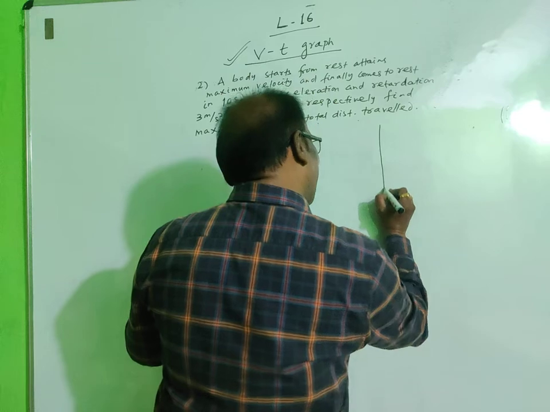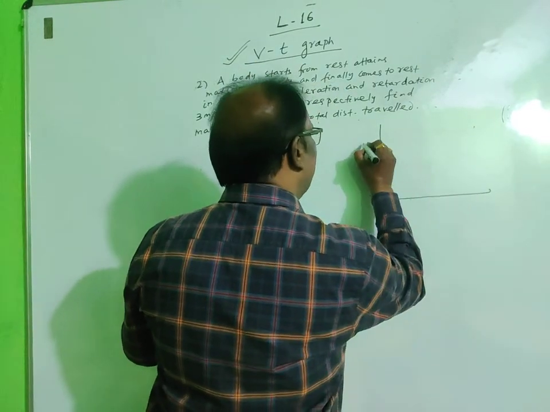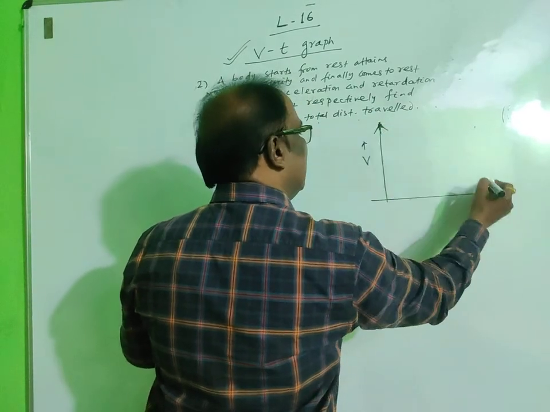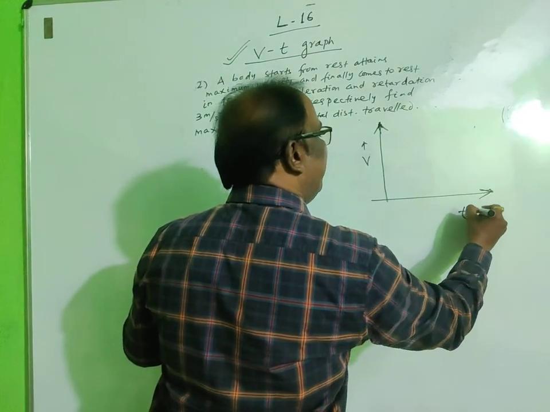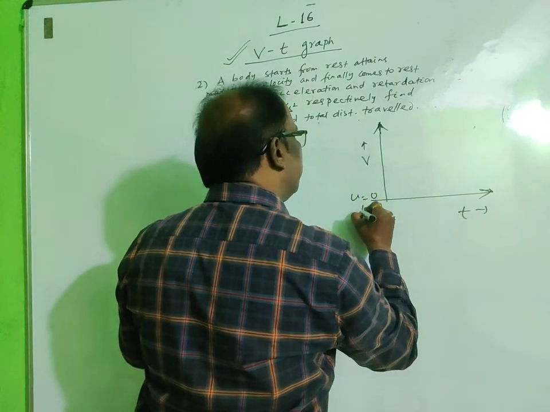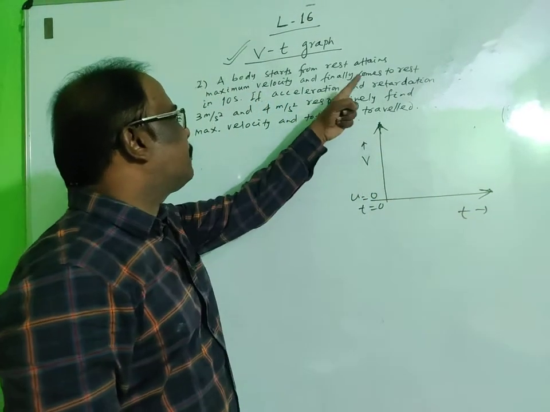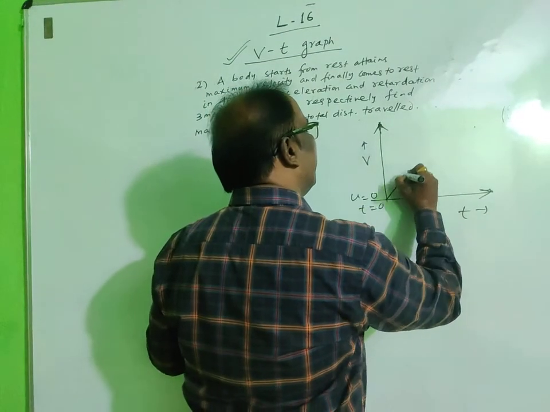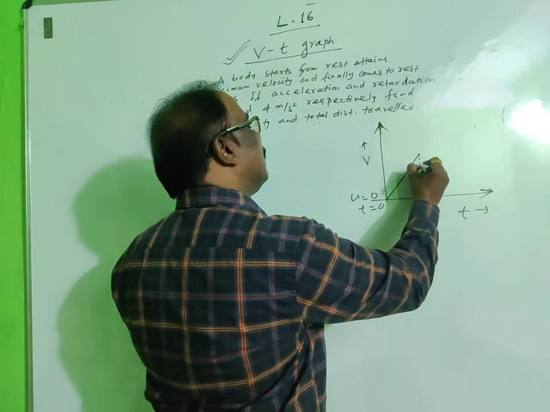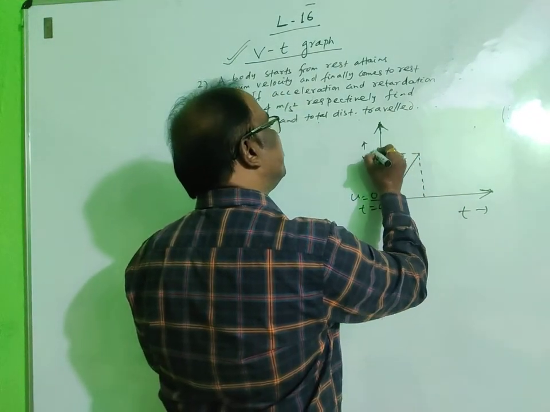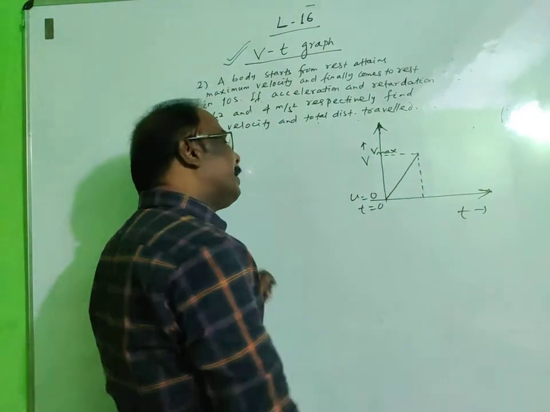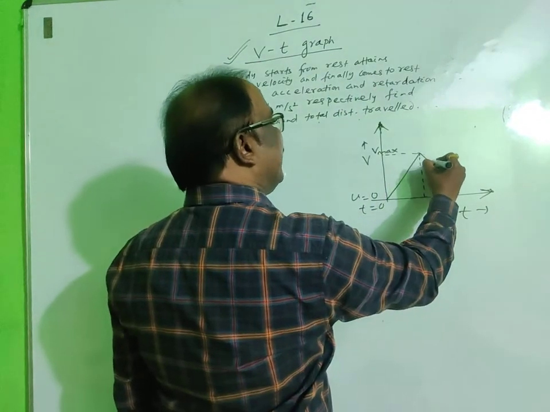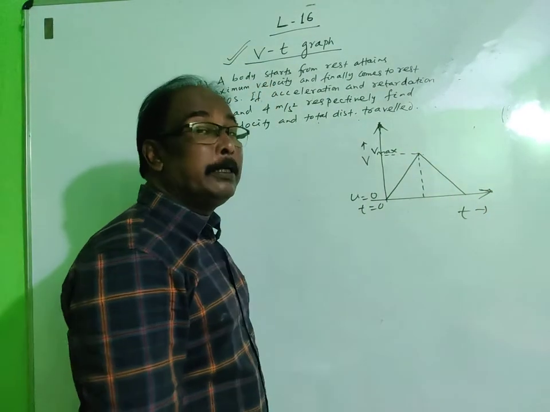Along the y-axis velocity, along the x-axis time, and here initial velocity is 0 when time is 0. The body starts from rest and attains maximum velocity. The body moves with uniform acceleration and attains maximum velocity. So this is Vmax. And finally it comes to rest, which means motion is retarded.